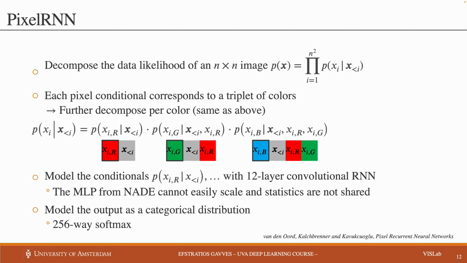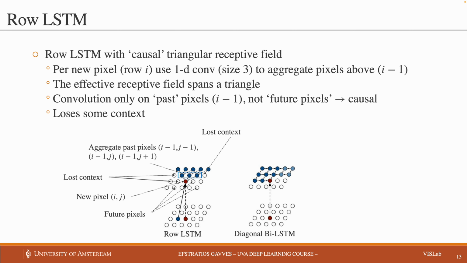Each layer is modeled by an RNN with convolutions, and they want to make sure that these convolutions for the i-th pixel get information only from pixels of smaller order than i. Okay, it's clear.